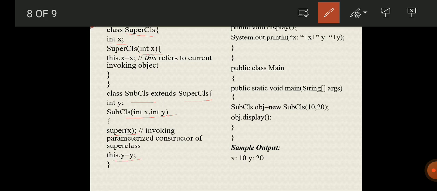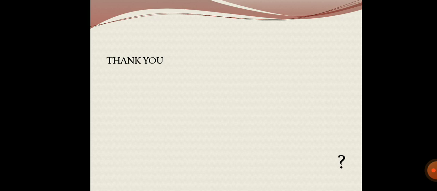Next, inside subclass we have the method void display, and we print the value of x as well as y. What happens here: the object is created with the parameters 10 and 20. So 10 is assigned to x and 20 is assigned to y. Since it calls super(x), first it will print the value 10, then it will print the value 20.